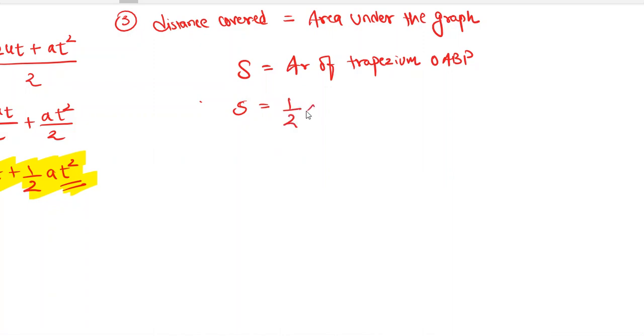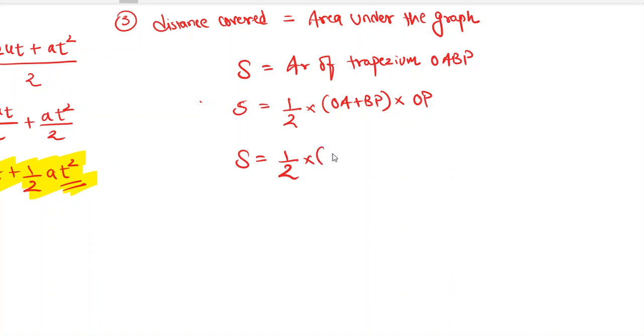So that is half into the sum of parallel sides, that is OA plus BP, multiplied by the distance between them, that is OP. What is OA plus BP?